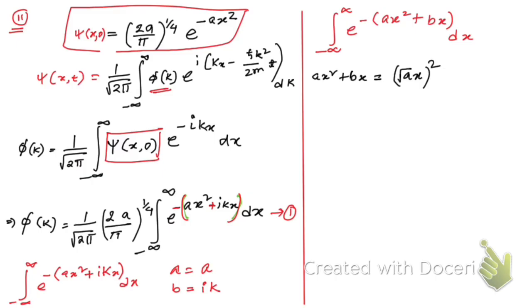If you square this again, you will get ax square, right? Then plus twice ab form, twice root over a x times b by 2 root a, because if you cancel these, you will get this term bx, right? Hope you have understood this. That's how we have arranged these terms.